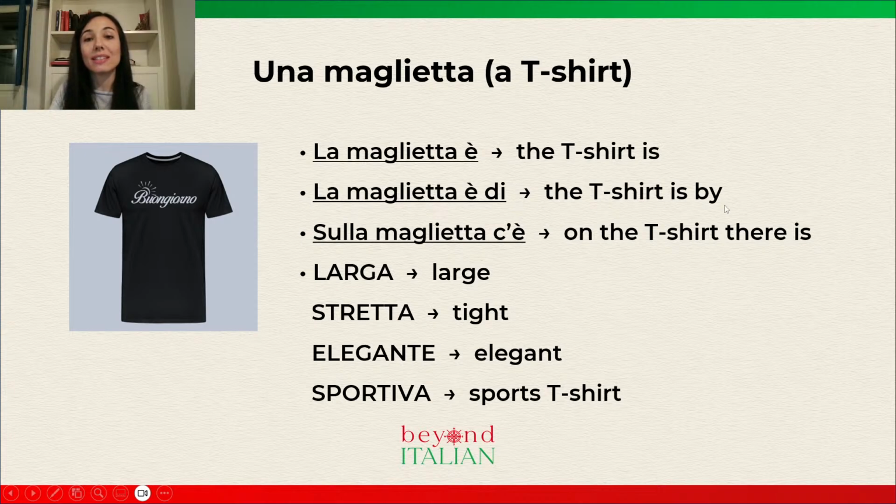So the t-shirt is by. Sulla maglietta c'è. On the t-shirt there is. C'è means there is. And then we have again 4 adjectives. Larga, large. Stretta, tight. Elegante, elegant. Sportiva, it means sports t-shirt.